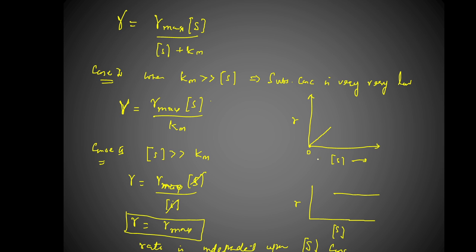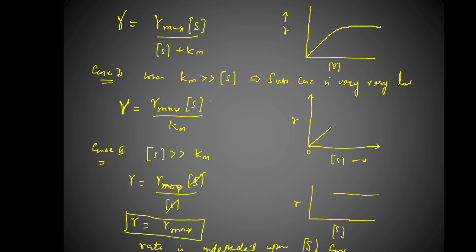So we can make a single graph from these two. So I will make a single graph over here. This is the rate of reaction, rate increases over here, and this is the substrate concentration. So at low substrate concentration, rate increases with increase in the substrate, and when the concentration of the substrate becomes high, then the rate becomes independent.